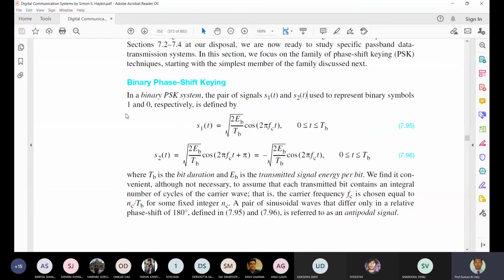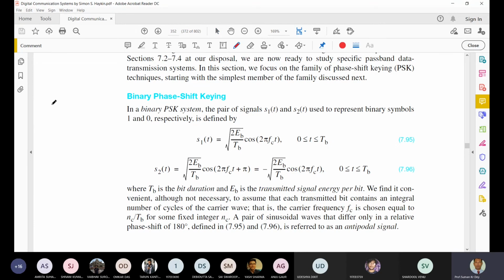There is a relation between N and M. What is the value of capital N and capital M for binary phase shifting? N indicates the number of orthogonal basis functions required, and M is how many symbols or signals there are. So M equals 2 and N equals 1.